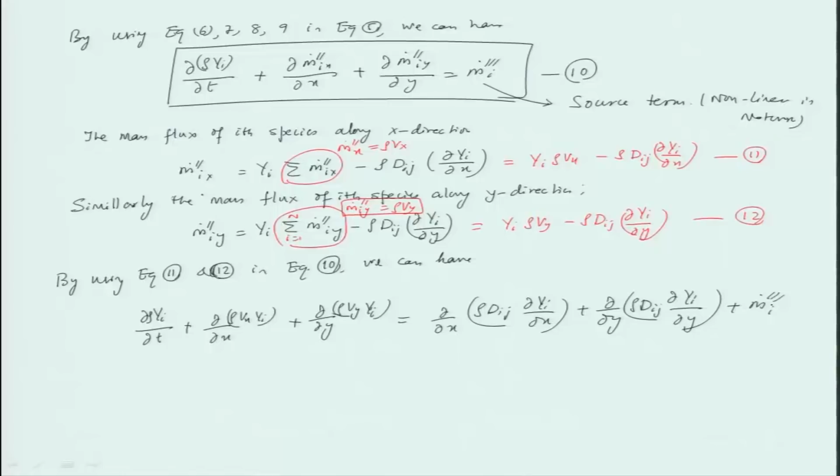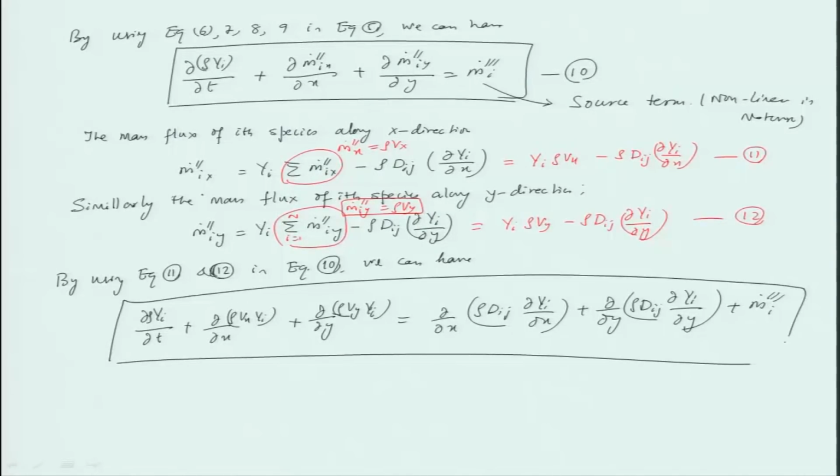Now, this is your expression for i species. Are you getting it? And what is it saying? This is basically the unsteady term. This is the mass flux of i species along the x direction, this portion.